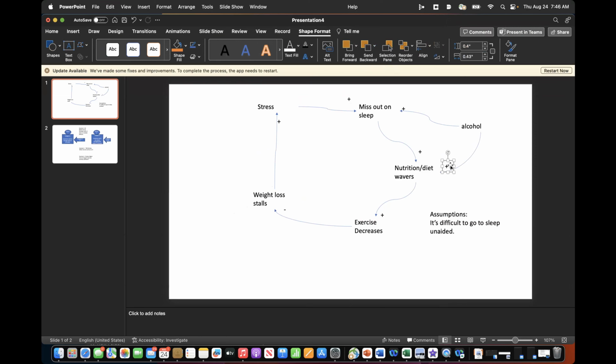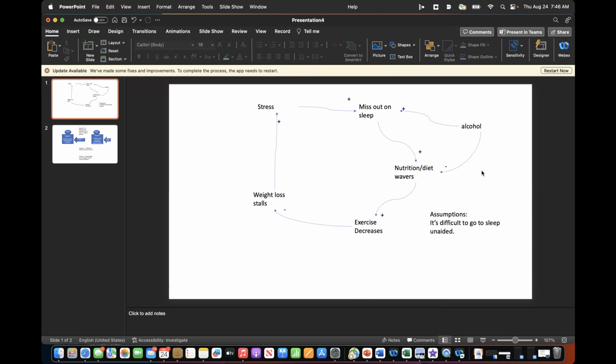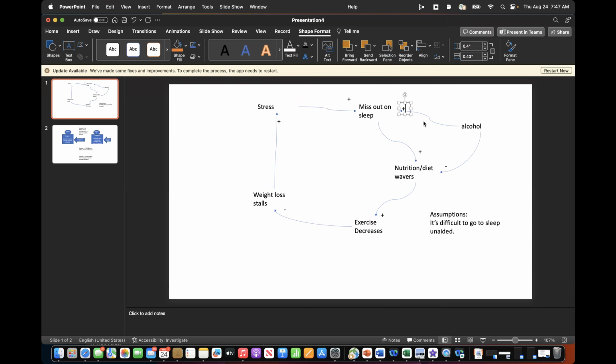Normally, in order to decide if this is a good solution, if it has a great effect, what I'll do is put a number on a scale of 1 to 10 by the relationship, by the plus or the negative signs, right? So if I had to rate, well, for me, what effect does alcohol have on helping me go to sleep?